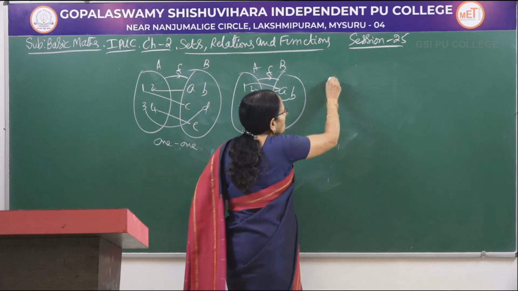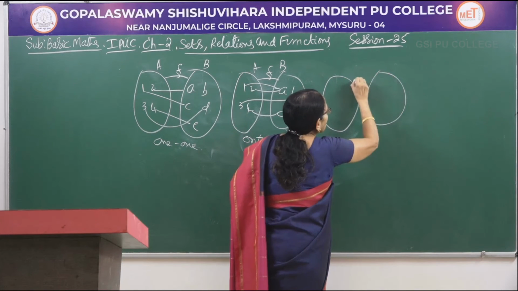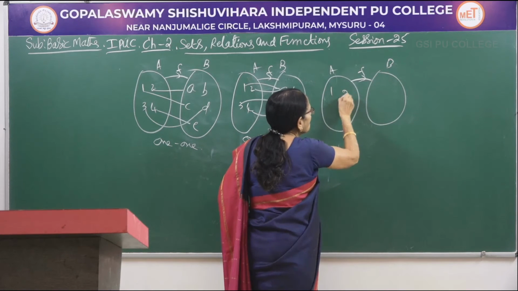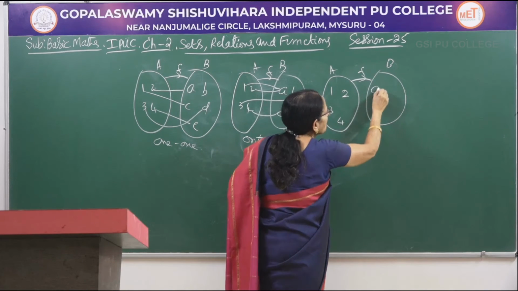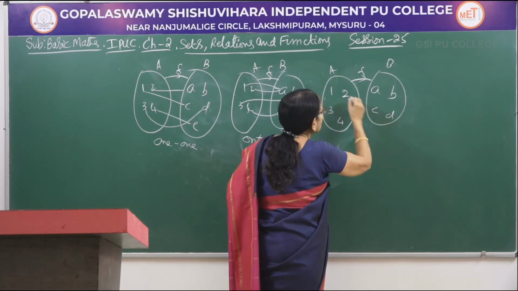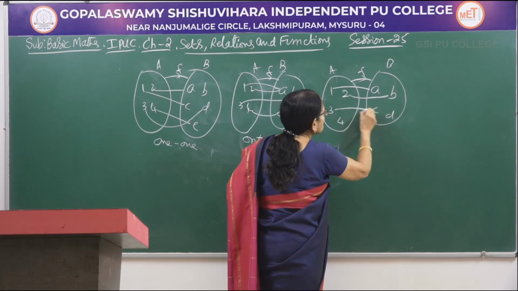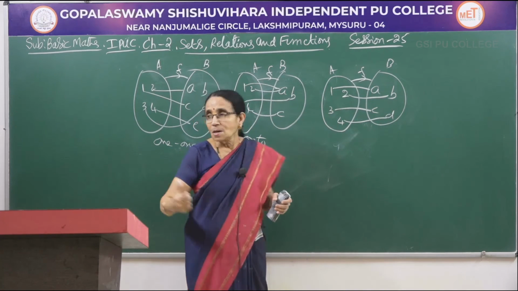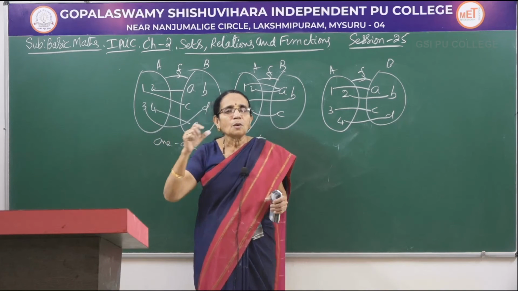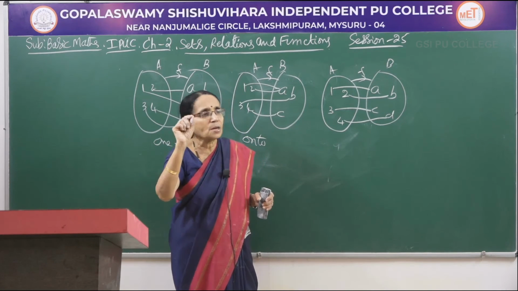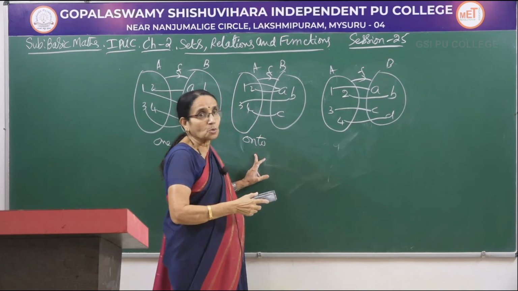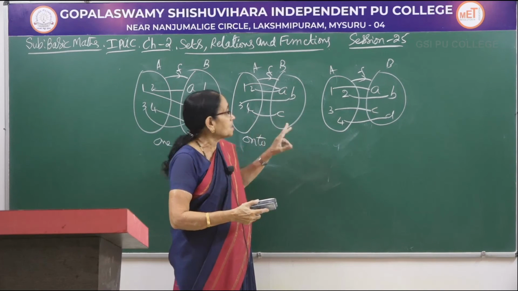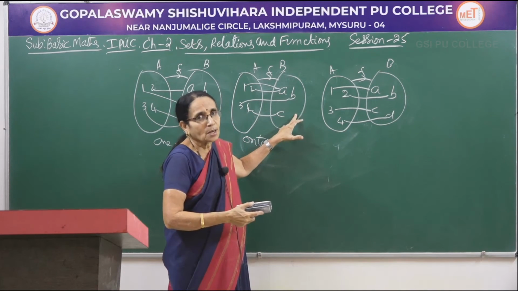If you combine, I am having the set like this. 1, 2, 3, 4, A, B, C, D. Look here. You understand the difference here. This was 1, 1, so different elements had different images. Now this is onto. Here all the elements of the codomain have pre-images. No element is left out. Correct?